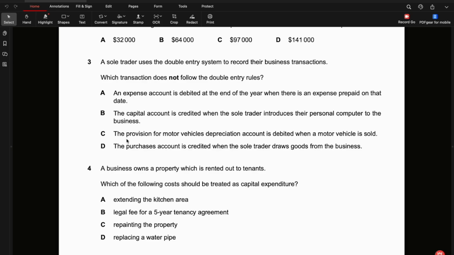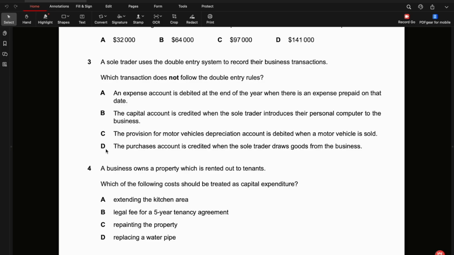Number C, the provision for the motor vehicle depreciation account is debited when the motor vehicle is sold. Yes, when we create depreciation, the depreciation balance is credit balance. And when we are selling the assets, the depreciation accumulated for that same asset needs to be cleared. So it needs to be debited. So this is the correct entry for that.